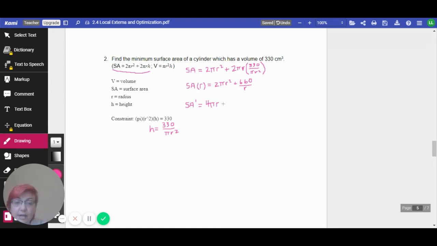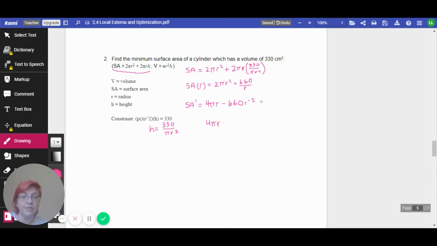So negative 1 times 660 is negative 660. And that is r to the negative 1 minus 1. That is r to the negative 2. That right there is my gradient function, and now I need to set it equal to 0. 4 pi r.